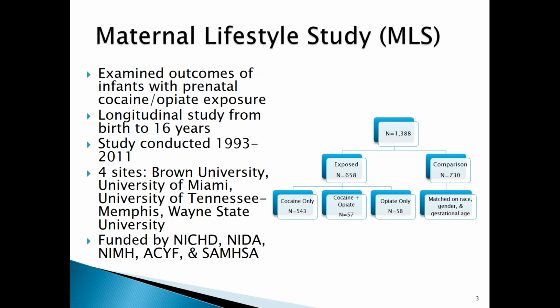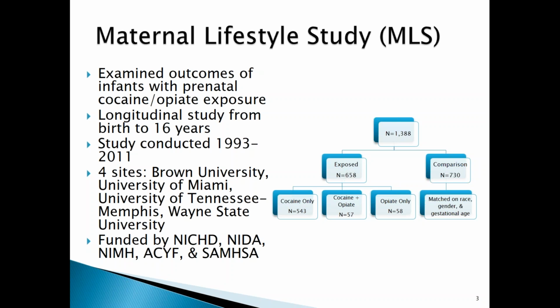There were 4 sites that participated in the study: Brown University, University of Miami, University of Tennessee at Memphis, and Wayne State University. So we had some geographic diversity in the sample, and it had various funders throughout this time period. The total sample size is 1,388 infants.